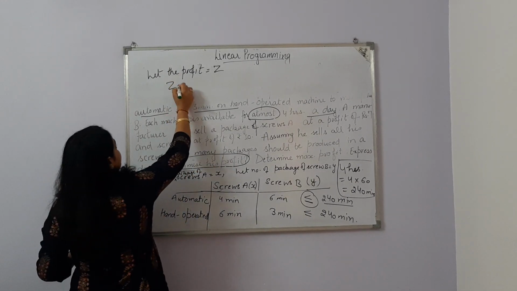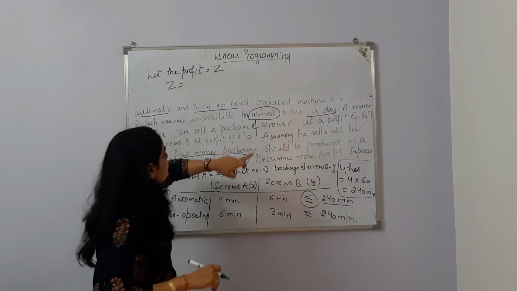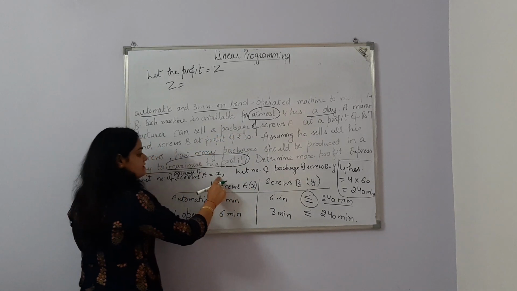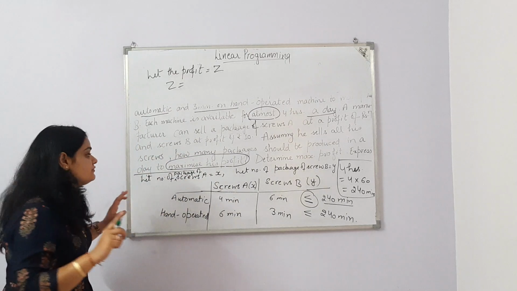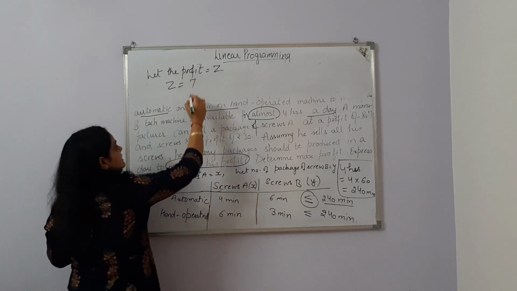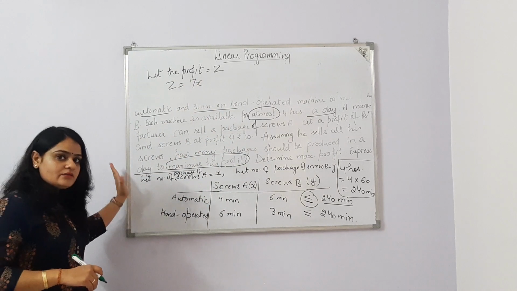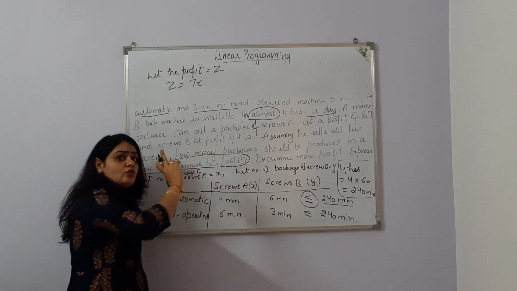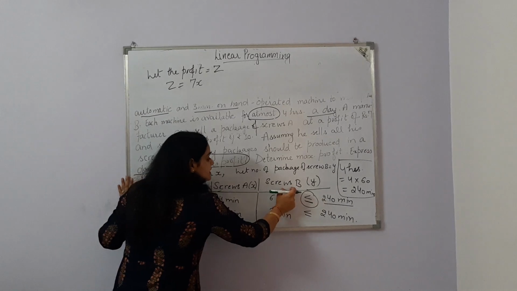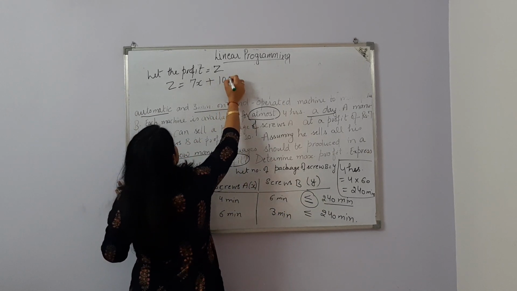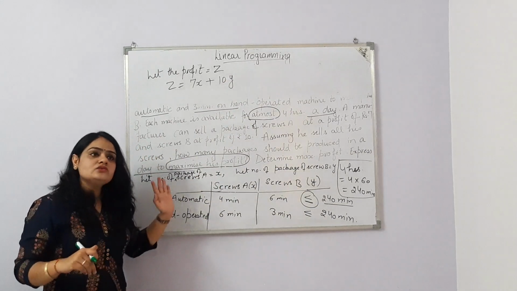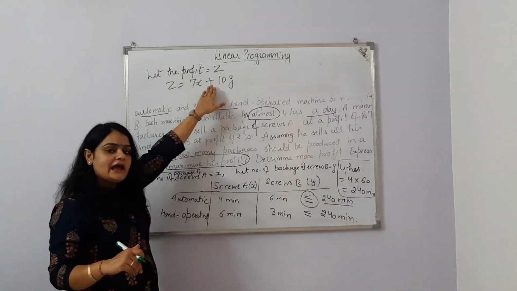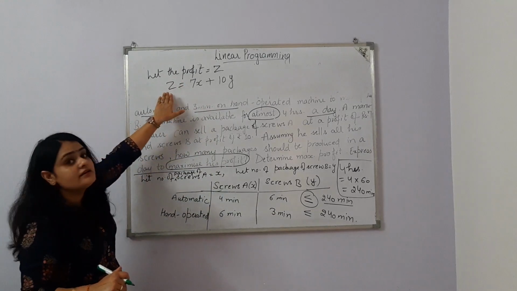He earns ₹7 profit to sell one package of screw A, and there are total x packages, since the manufacturer is producing x packages of screw A. So 7x is the total profit from selling screw A, and he gets ₹10 to sell one package of screw B. He is manufacturing total y packages, so 10y is the total profit from selling screw B. Now the total profit is screw A's profit plus screw B's profit. We add them, and this is your Z.